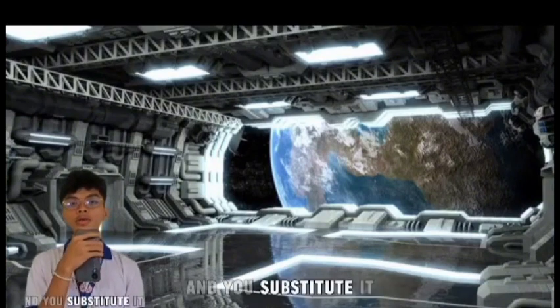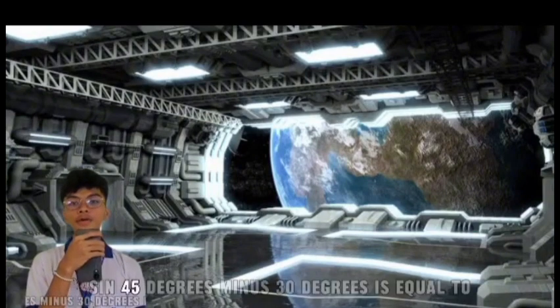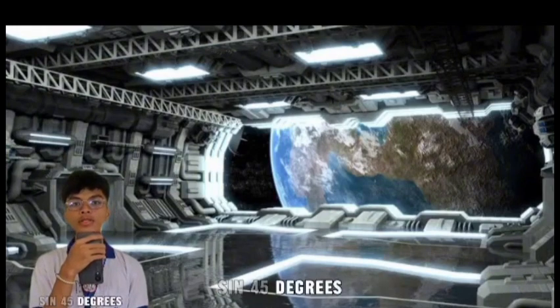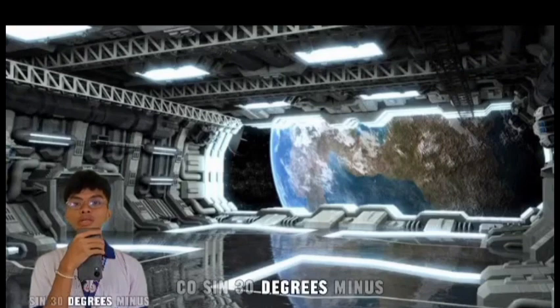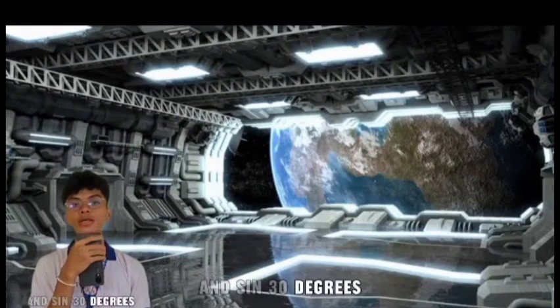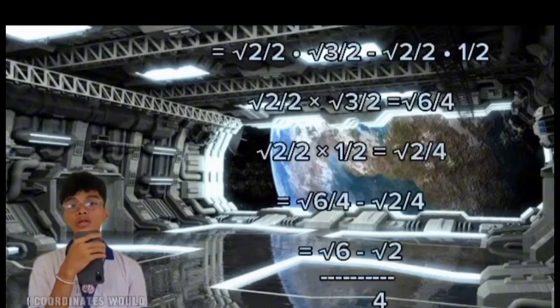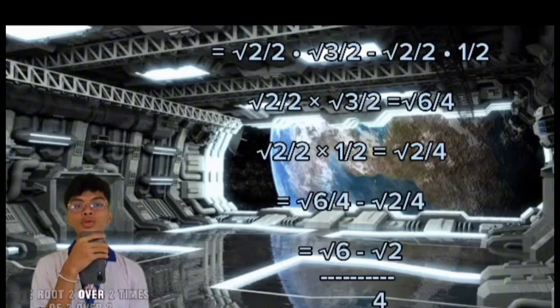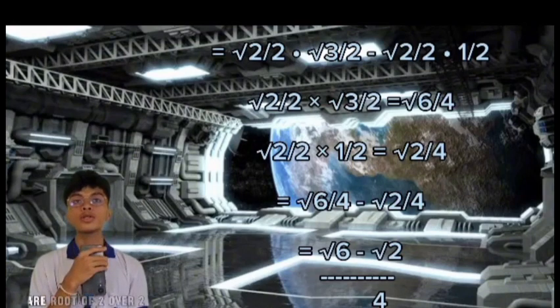Substitute. Sine 45 degrees minus 30 degrees is equal to sine 45 degrees cosine 30 degrees minus cosine 45 degrees sine 30 degrees. Based on the unit circle, their coordinates would be square root of 2 over 2 times square root of 3 over 2 minus square root of 2 over 2 times 1/2.